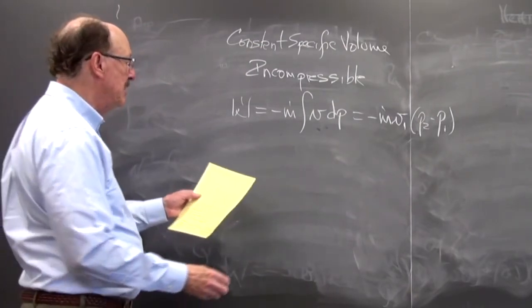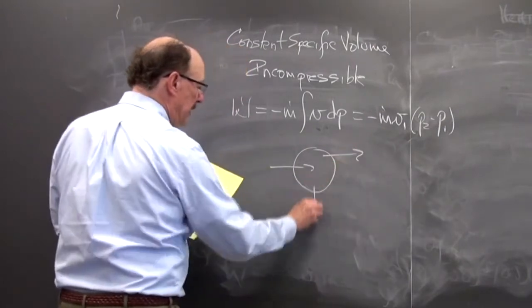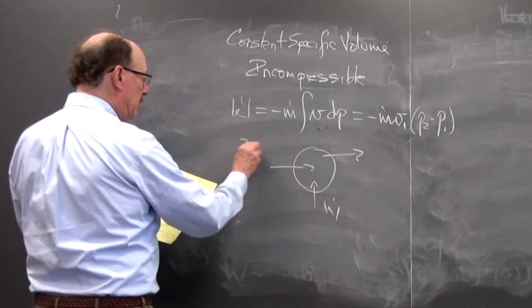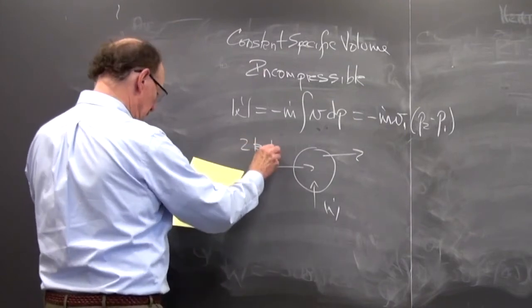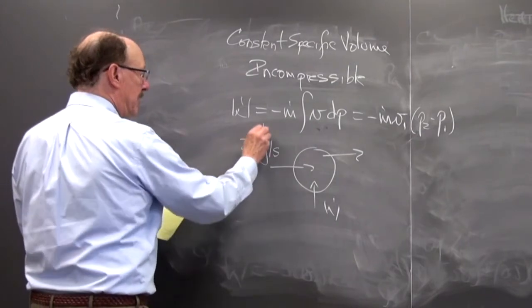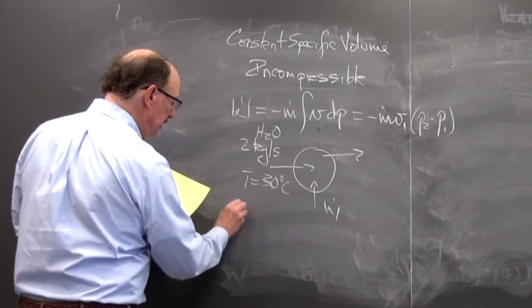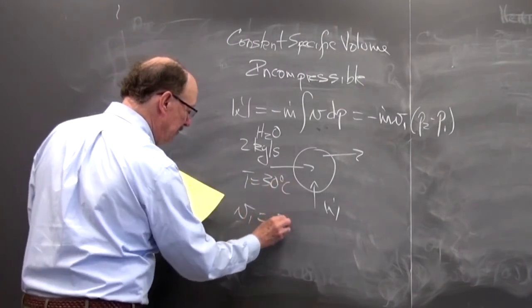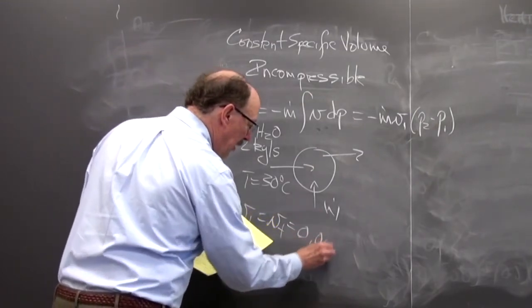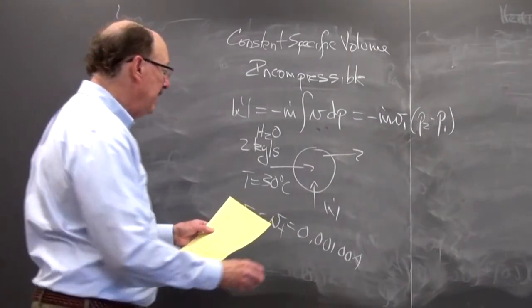For instance, if I had a pump with 2 kilograms per second of water, H2O, at T equal to 30 degrees C, then V1 is equal to V sub F, which is 0.001004.